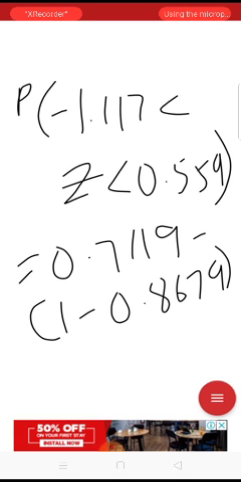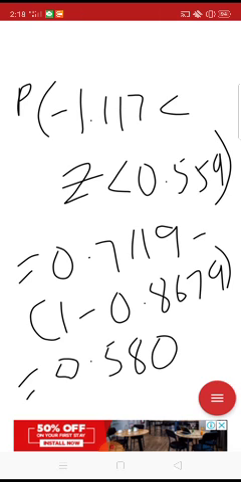Simplifying some more, you will get 0.580, which is an approximate value. So you use the normal approximation and apply the CLT to find the probability. This is for question 5.